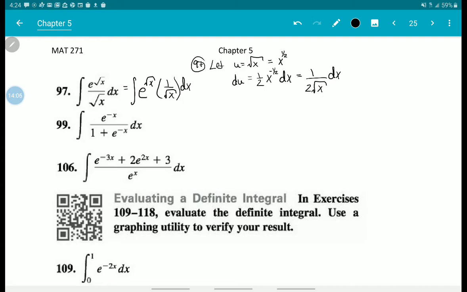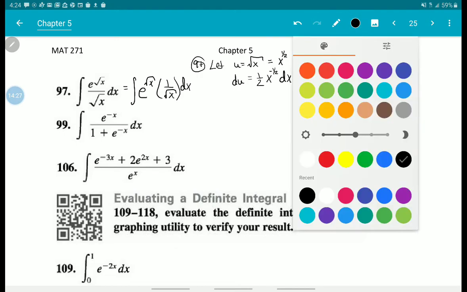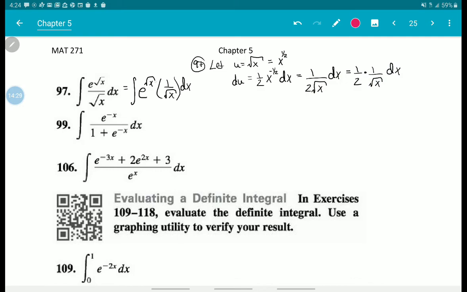So in this case, if we do that, we see that this is going to be our u. So we have part of du here, but we're missing that 2 in that denominator. We could rewrite this way, 1/2 times 1 over square root of x dx. So you can see we're missing a 1/2. We can multiply that in as long as we compensate with the 2 somewhere else in the problem.